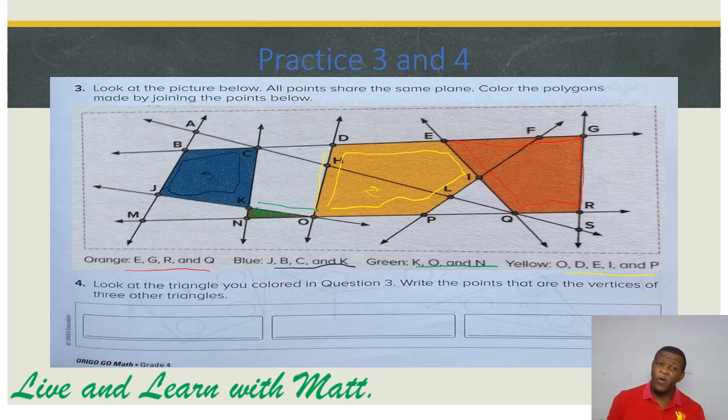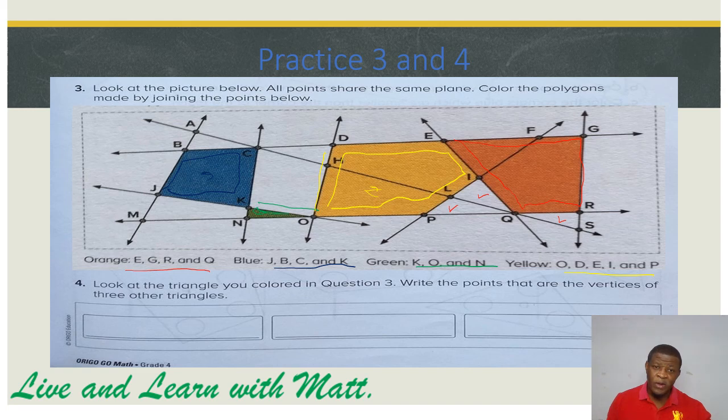Now number 4, look at the triangle you colored in question 3. Write the points that are the vertices of 3 other triangles. We have one here, one here, one here.